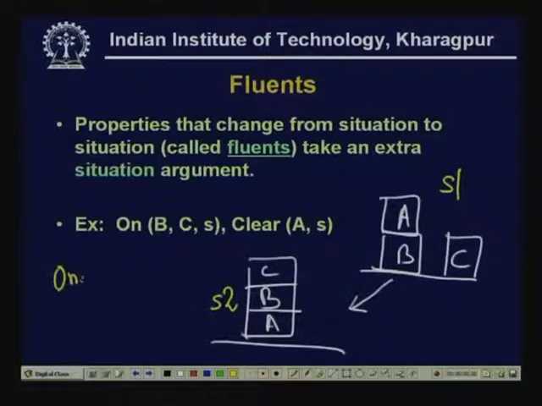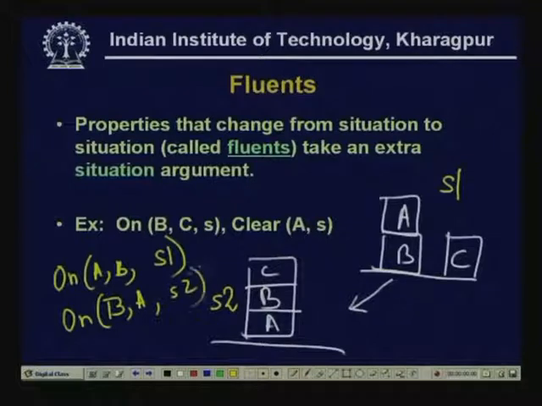So, we can say on AB in situation S1, on BA in situation S2, and not on AB in situation S2. So, on is a proposition where whether on AB is true depends on the situation. So, we use a new situation argument in this proposition.